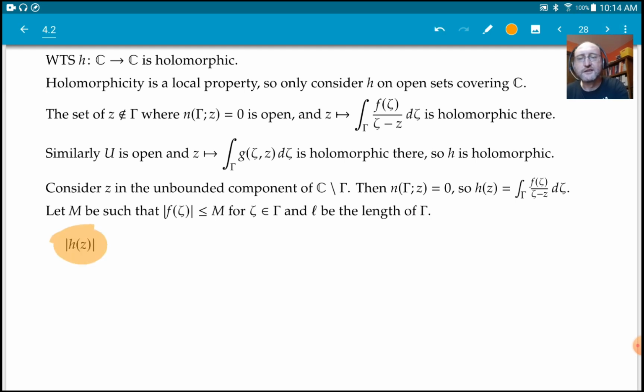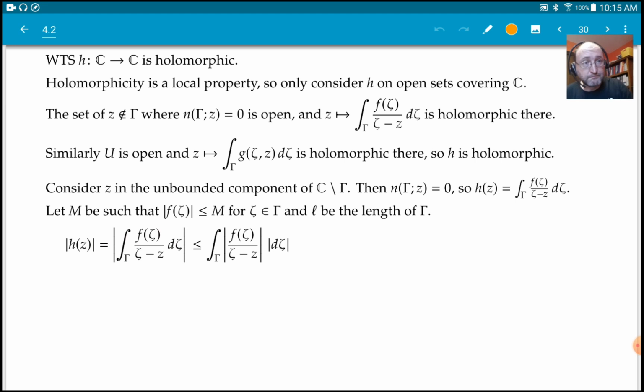Let's consider h of z. I'll write down the definition, and now we push the absolute values inside, including on the d zeta.